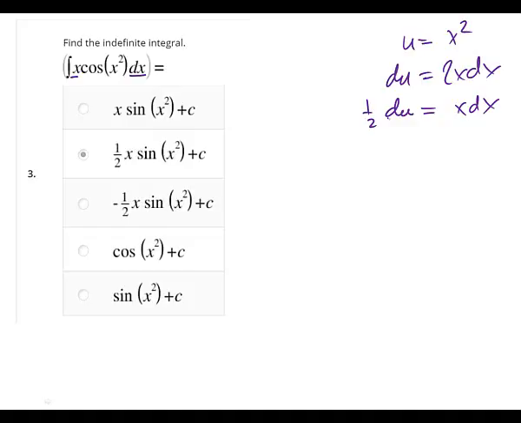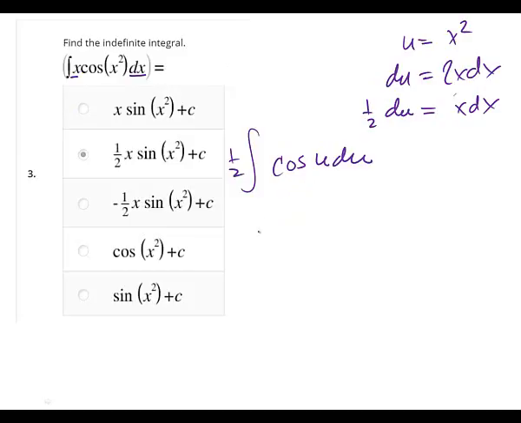How would you know it wouldn't work? If your u doesn't appear, or your du doesn't appear in there, or if you end up having to move an x over here, you need to try something else. Okay. All right. So we've got cosine u, and then for the x dx, I'm putting in 1/2 du.